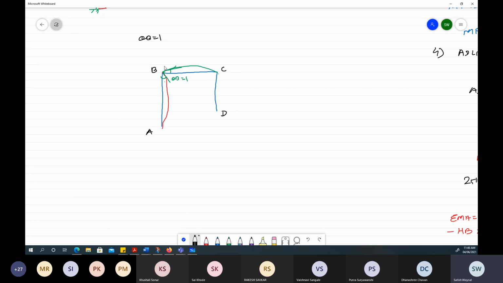So whatever the moment will be here, this will be your S11. Another moment which will be acting over here will be S21. And its effect on the translation will be S31.